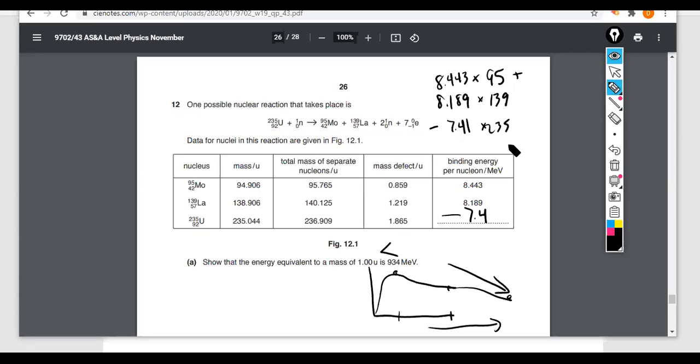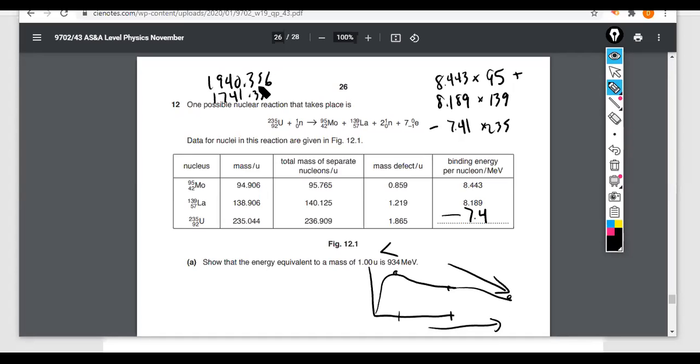All right, so we got 8.443 times 95 plus 8.189 times 139. That gives us 1940.356. And then 235 times 7.41, that's 1741.35.